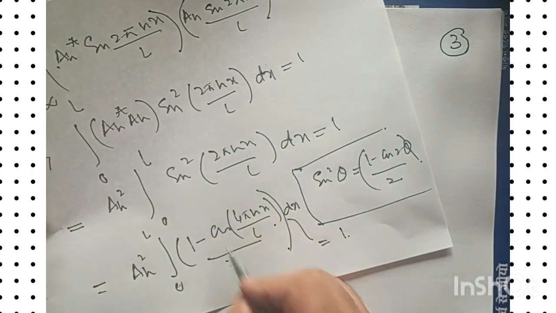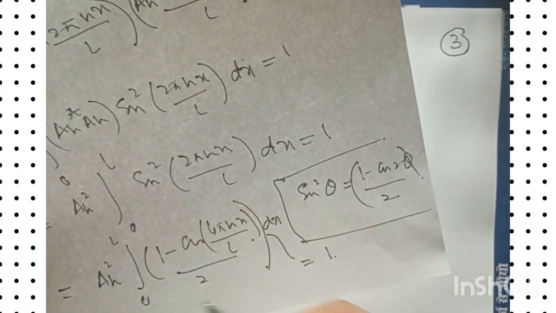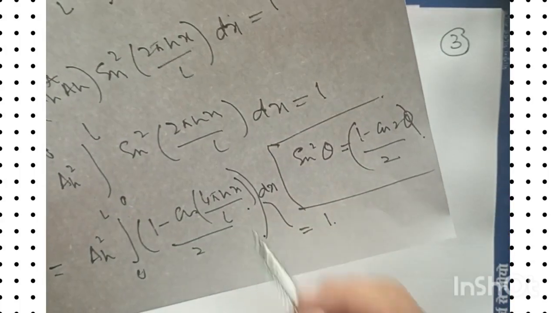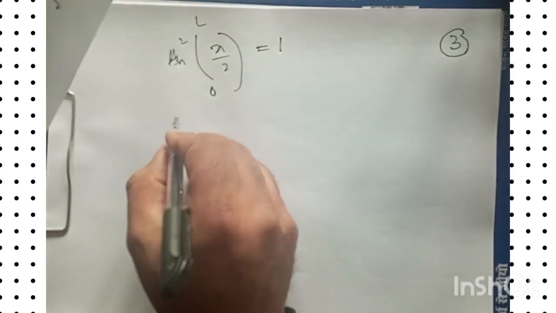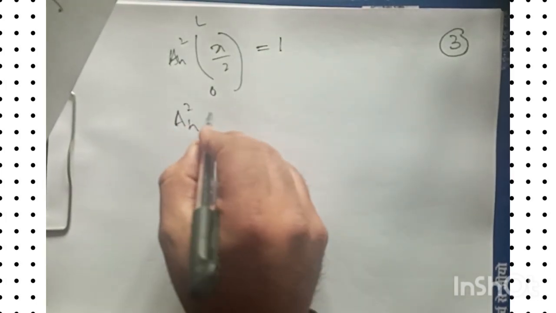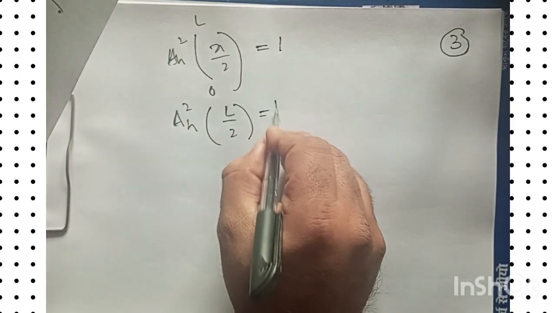The other part of the integration will automatically be equal to 0 when you convert this into the sine, and sine of n pi will be 0, and this whole thing will be equal to 0. So this thing is equal to 1. So this An square is L by 2, and this is equal to 1.